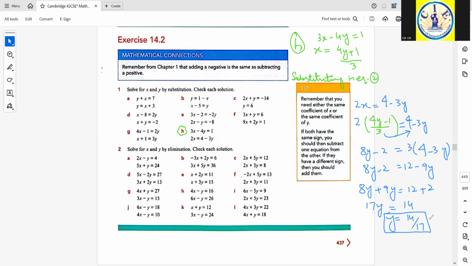Now we can replace this value of the variable y into this relation that we have got for the value of x: 4 times the value of the variable y, that is 14 divided by 17, plus 1, divided by 3.